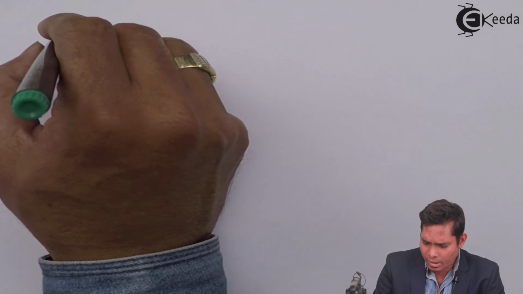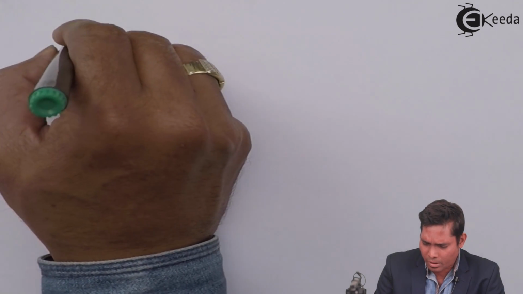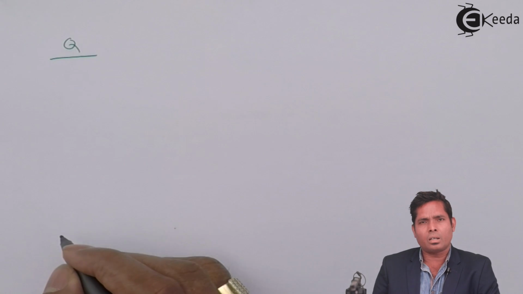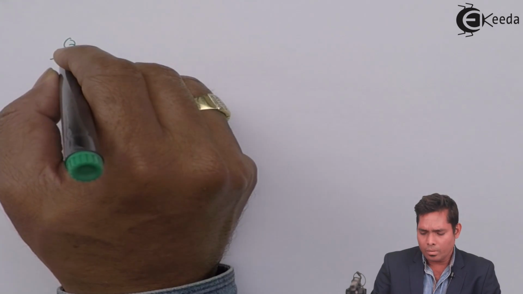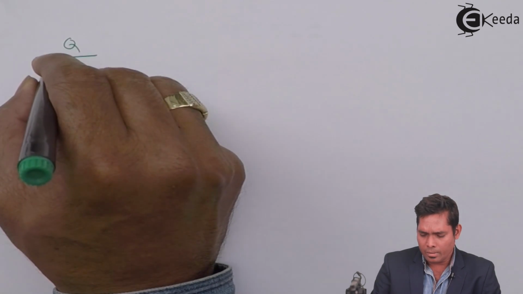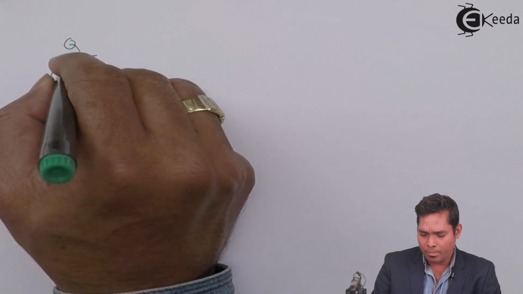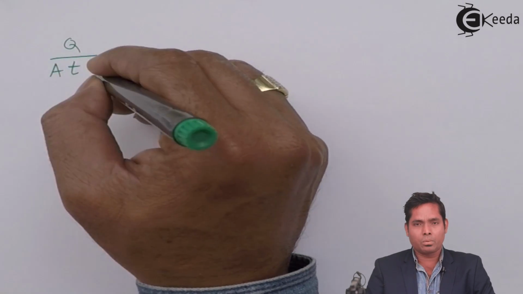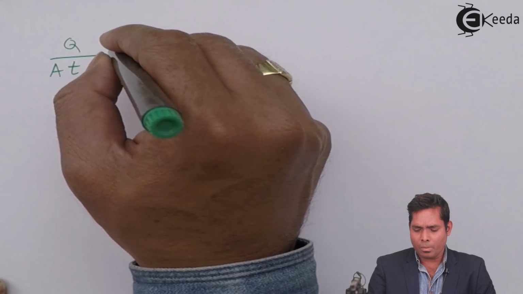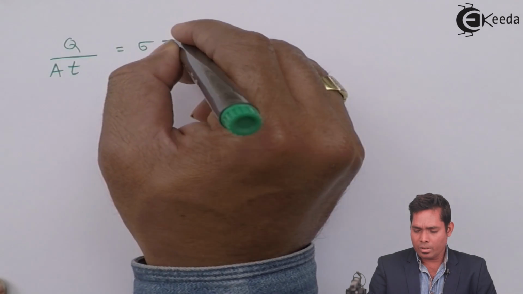Now E is the emissive power, which is the amount of heat emitted per unit area per unit time at the existing temperature of the body, which is sigma T raised to 4.